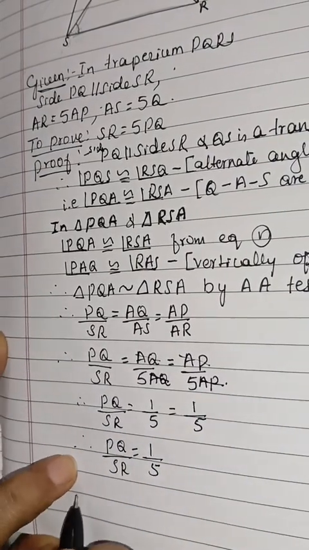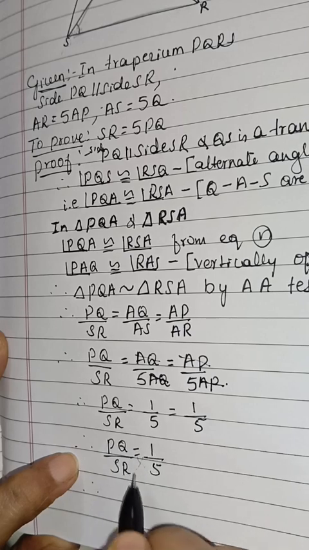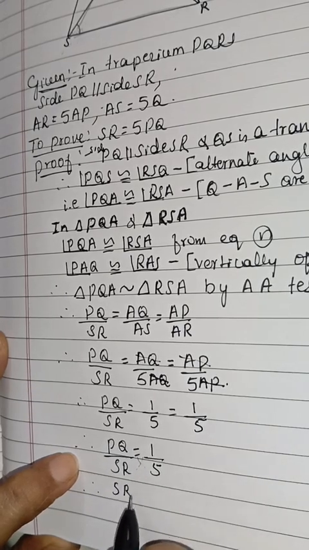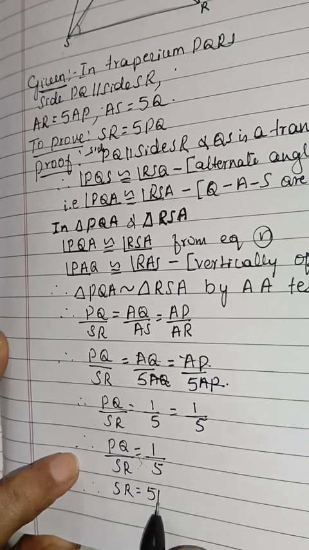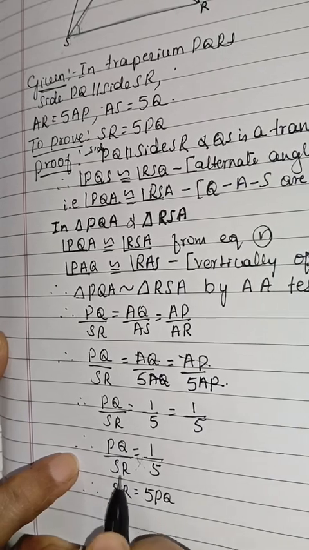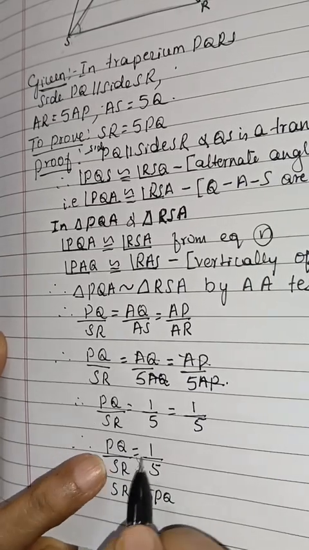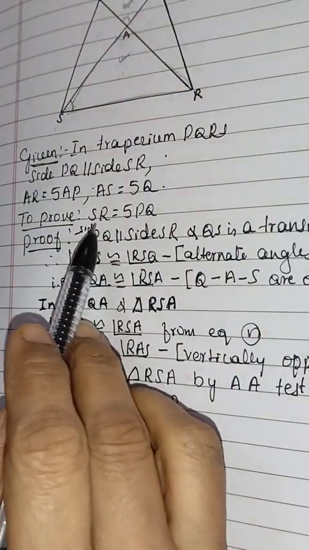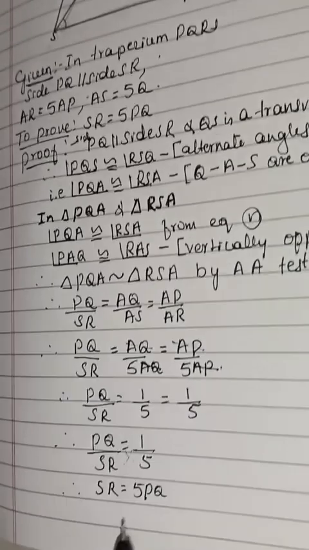Okay. Therefore, cross multiplication here, SR equal to 5 PQ. SR multiplied by 1 is SR, equal to 5 PQ. See, we have to prove SR equal to 5 PQ.